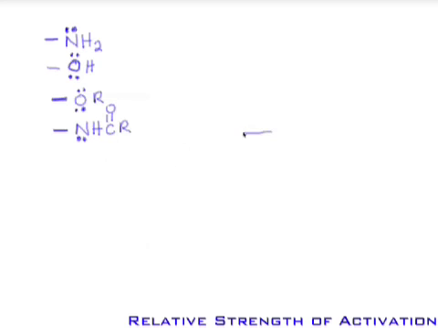If we look at the ring, in this case, let's use a CH3 for R. I can draw resonance structures dumping this lone pair into the ring.